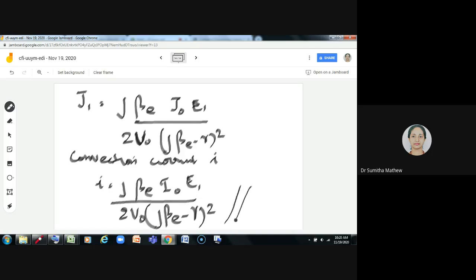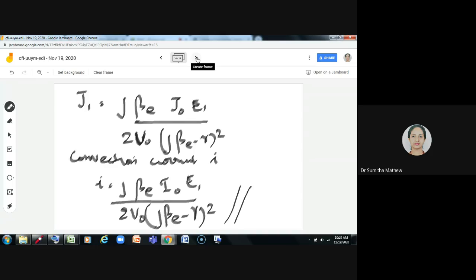This is the final expression, the electronic equation. You have to derive until you get the convection current. This is the convection current equation for the helix TWT. That's it. Now one more thing.